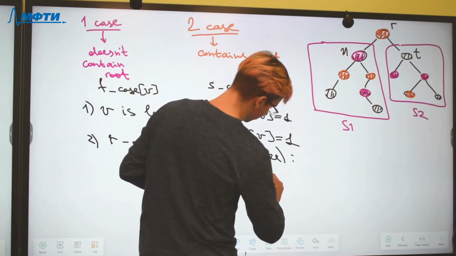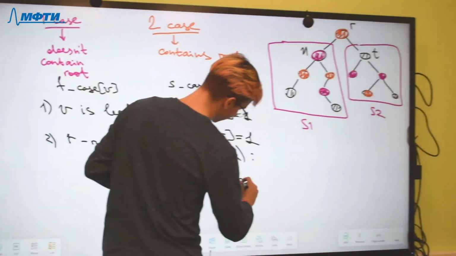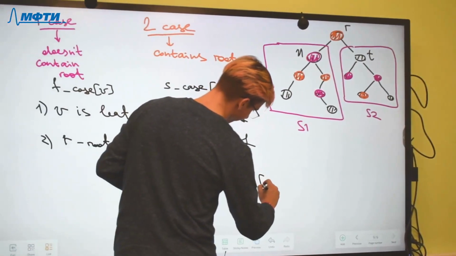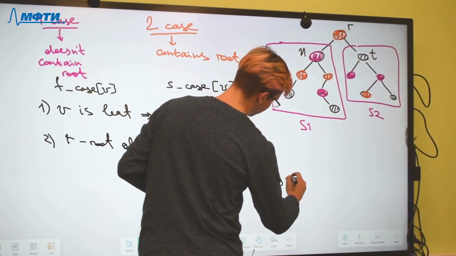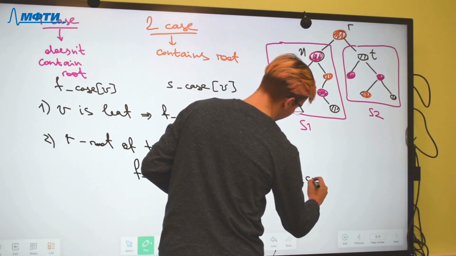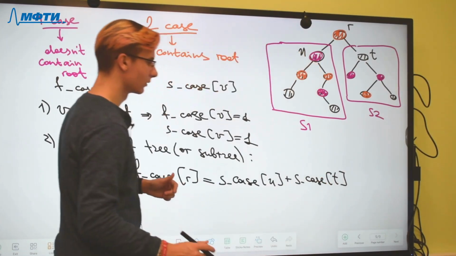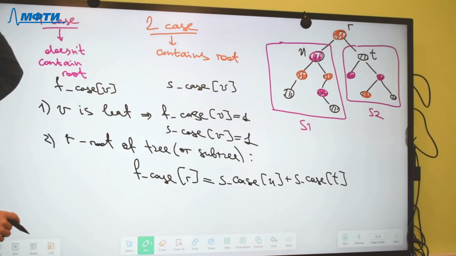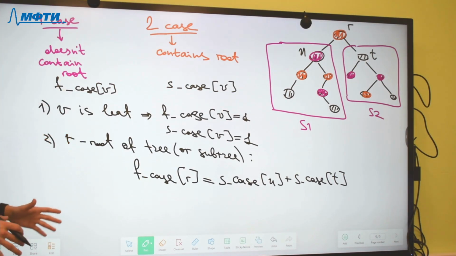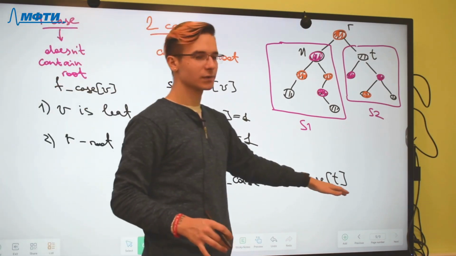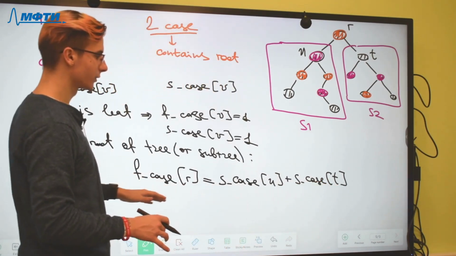Yeah, it is the second case of U or the second case of T. Is it understandable? And of course, if R has a lot of children, we need to summarize all of these children.